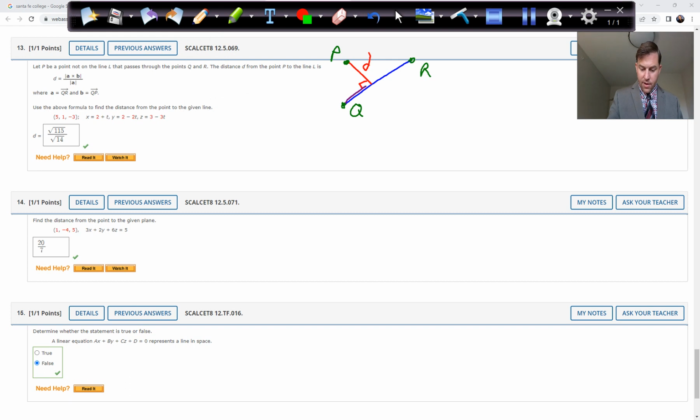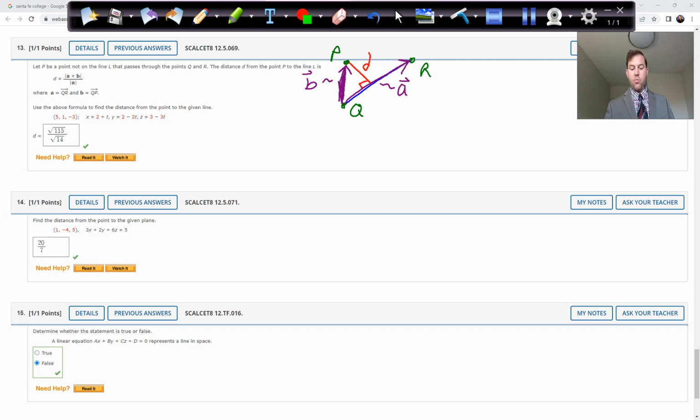We're going to find this vector QR, and then we're going to find the vector QP. A is QR, so this is A. And B is QP, so here's B.